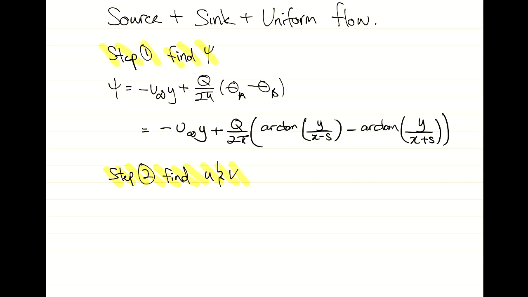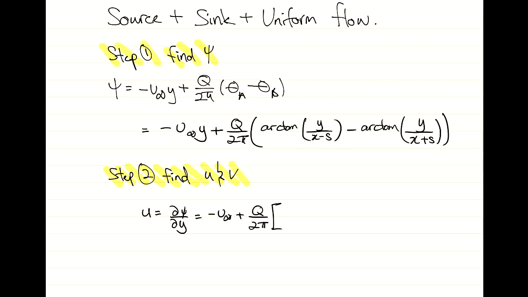All right, so let's find our velocity u. u is just going to be del psi over del y, equal to negative U infinity plus Q over 2 pi. You should know how to differentiate arctangents by now.